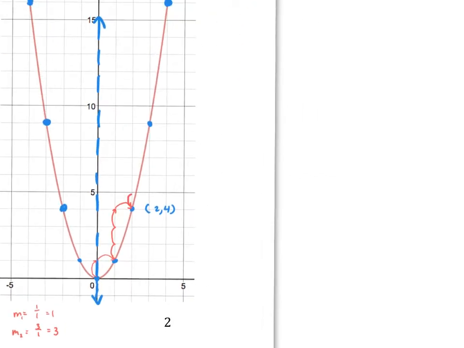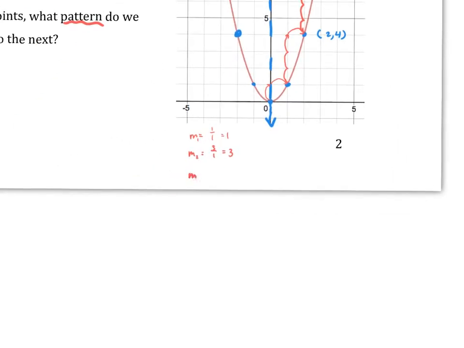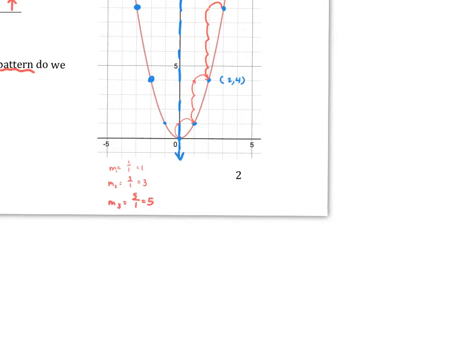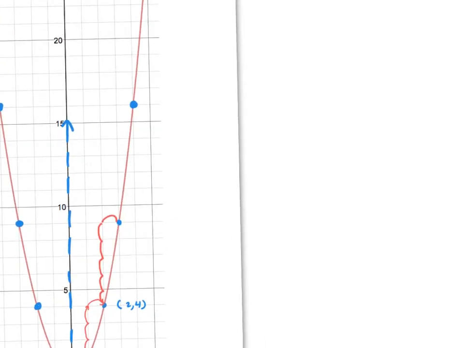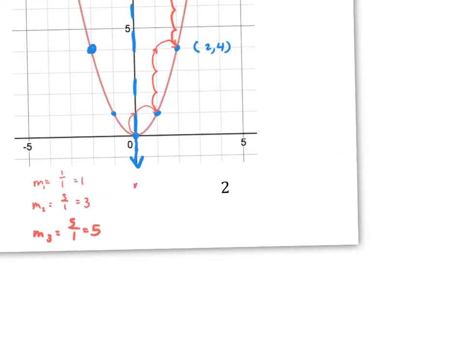Let's do the next one. 1, 2, 3, 4, 5, and then right 1. So my third slope is 5 over 1, which is 5. Let's see. 1, 3, 5. Looks like odd numbers to me, so let's try that again with the next one and see what we get. 1, 2, 3, 4, 5, 6, and 7 up and right 1. So the fourth slope here is 7 over 1, which is also 7.